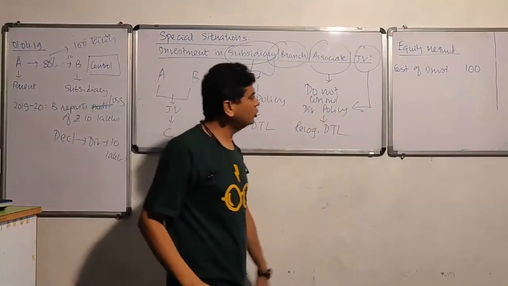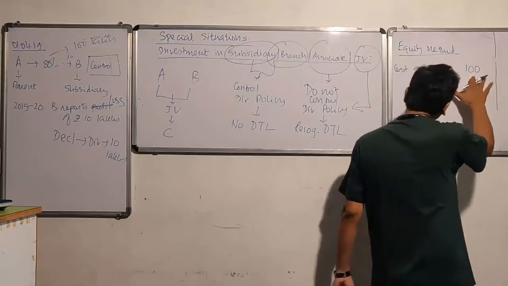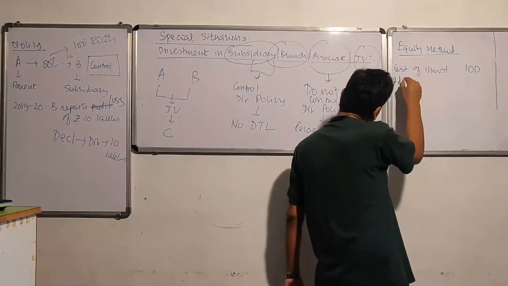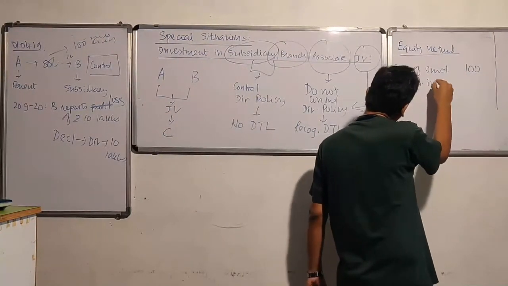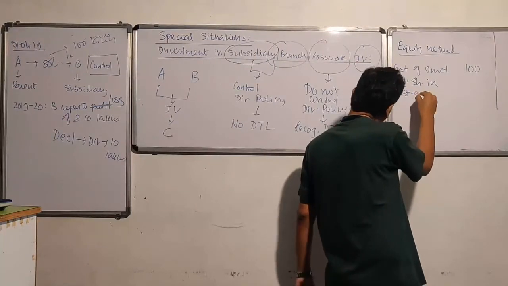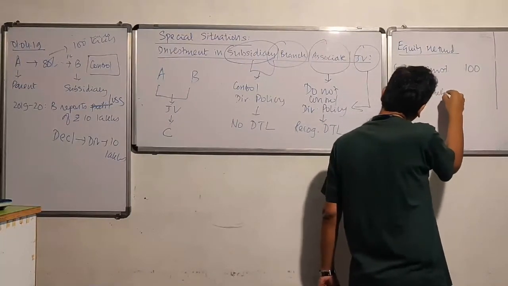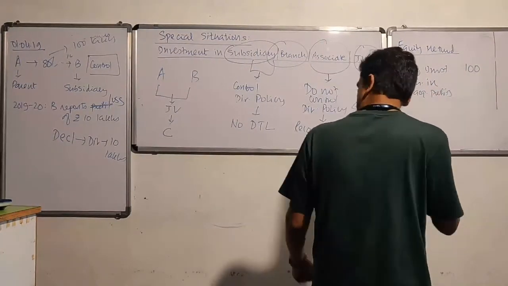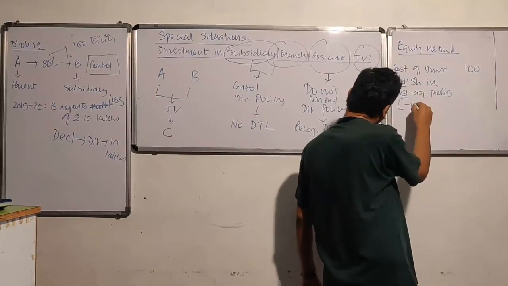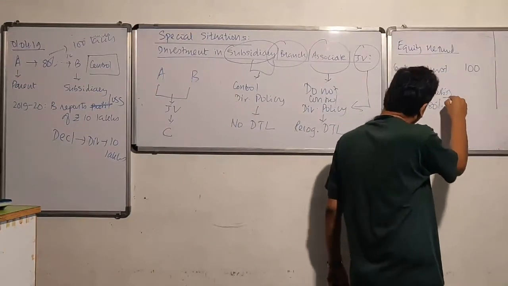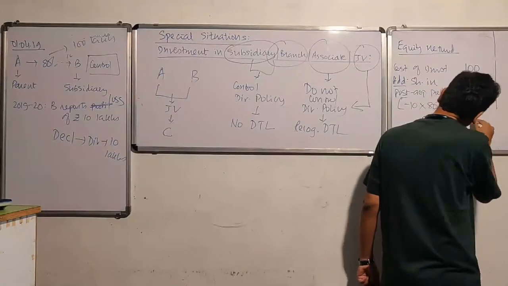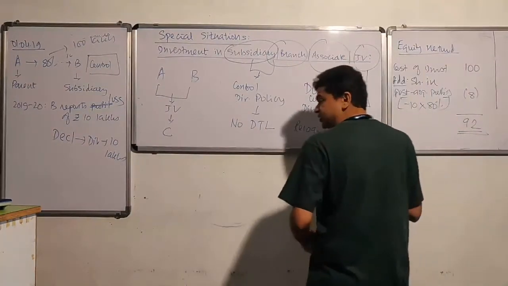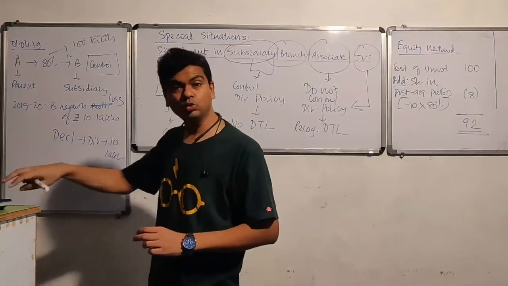So if you will follow the equity method, then your cost of investment will be 100. To this I'll add share in post-acquisition profits, but instead of profit there is a loss this time, so I write this as negative. I multiply that by 80%, so I get 8. So my carrying amount is turning out to be 92.